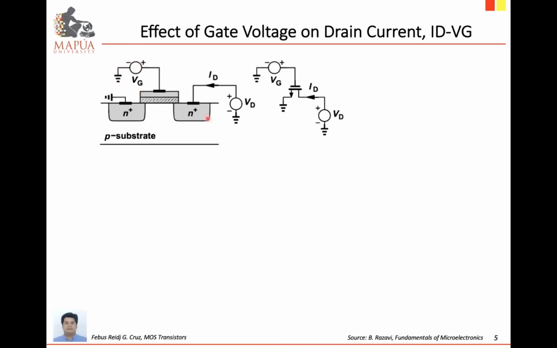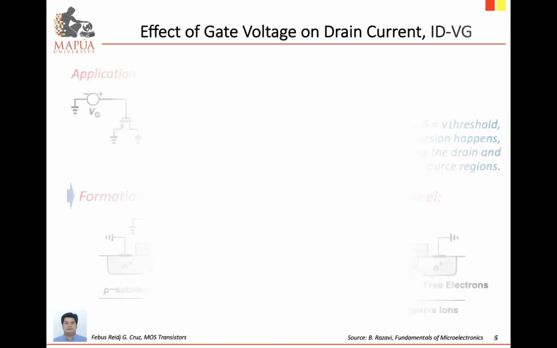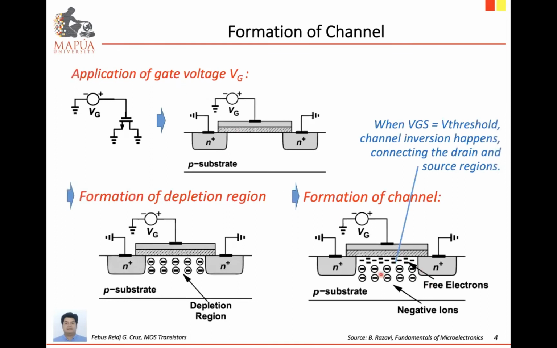Previously, even though we produced a channel, in that setup there would still be zero current, since in the circuit connecting the drain and source region there is no applied voltage source. So even though we already produced an N channel that connects the drain and the source region, since there is no applied voltage, the current will remain zero.